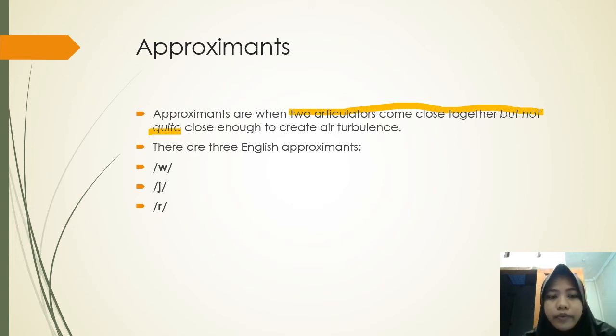V, v, v, y, r. Okay, you bring the two articulators together, like for example v, v. Okay, v. You bring your teeth and your upper lips, but they are not really close to each other. That is called approximants.